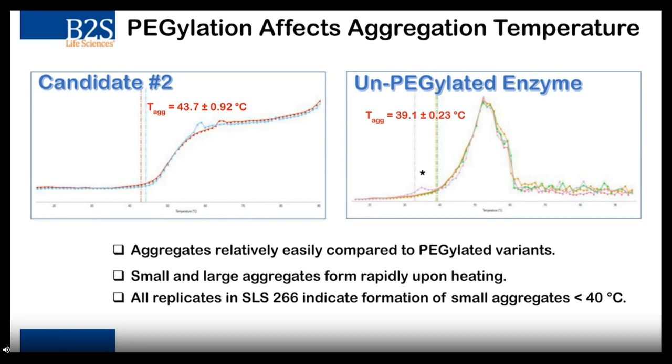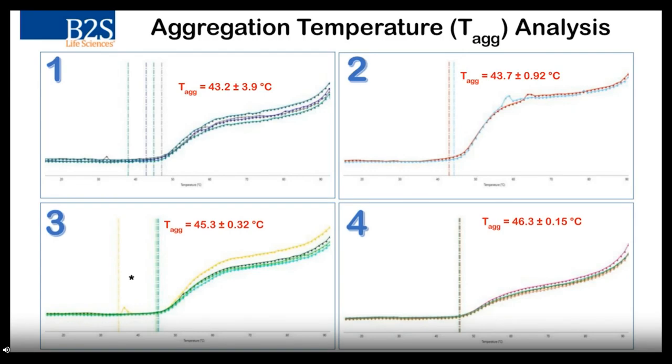And this is probably the most important piece of data in this case, as this is probably the largest difference between unpegylated enzyme and any of the candidates.